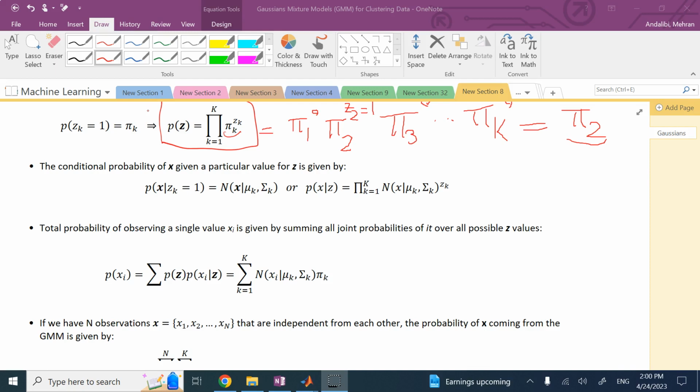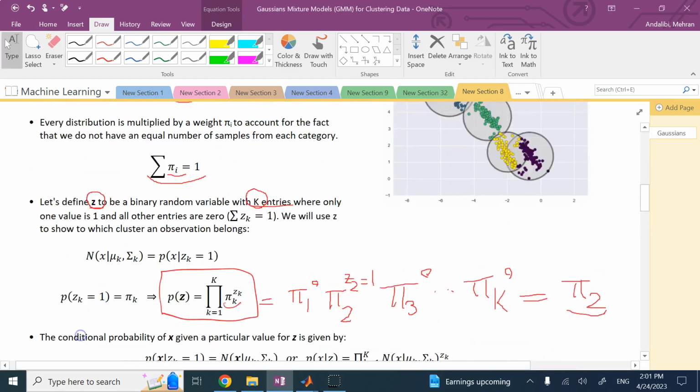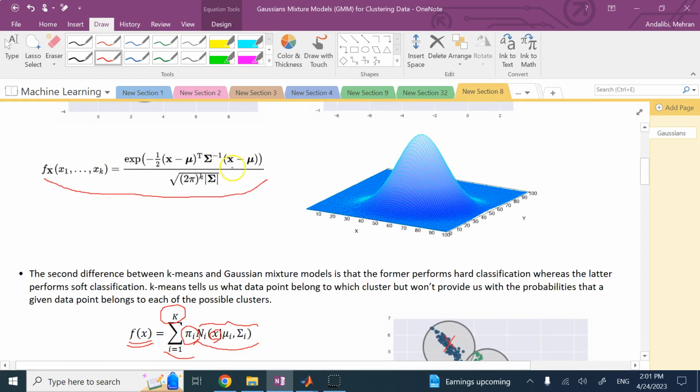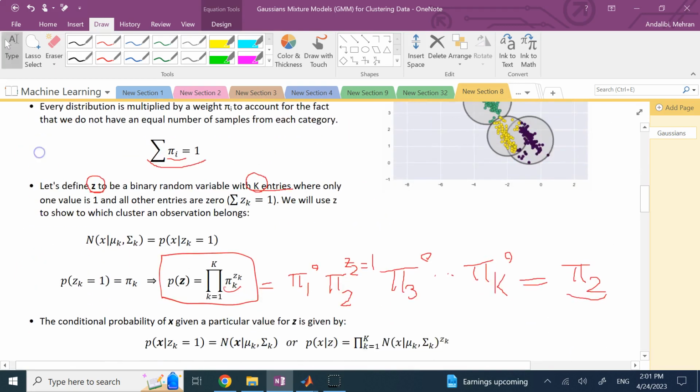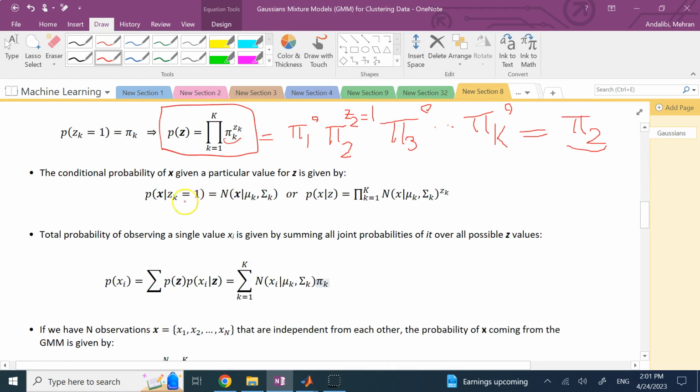And here, if it's for z k equal 1, then it's the same as a Gaussian distribution where data x comes from the average mu k and the covariance sigma k, with this formula that we had here on the top. So this is that distribution where you have mu and sigma, and your data x comes from that. So this is for z k equal 1.